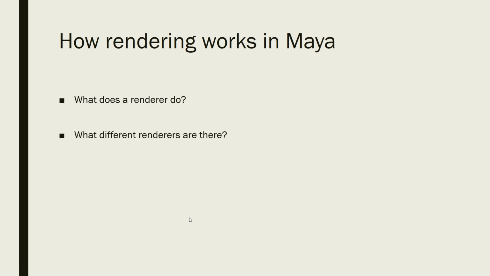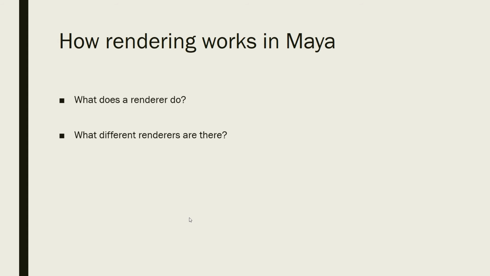Those are 3D objects in a sort of 3D environment, but when you click capture and take a photo of it, it looks at all that 3D environment and compresses it into a 2D image, and that's exactly what rendering does. With your camera inside of Maya, it looks at your 3D scene, does a lot of calculations like light, to get the lighting right and everything, and then compresses that 3D scene into a 2D image.